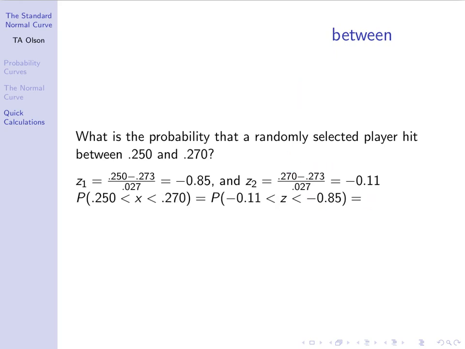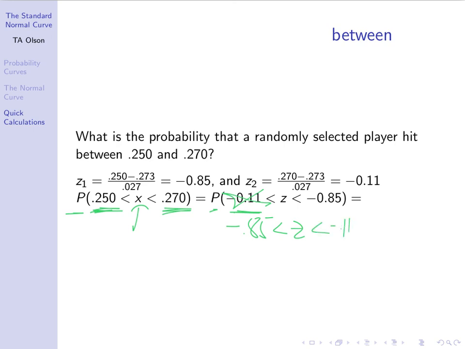All right, so again, the probability that a random player hits between 250 and 270 is the same as the probability that a randomly selected z-score is between, oh, those are on the wrong side. Oops. This should be negative 0.85, that's the lower one, and negative 0.11.